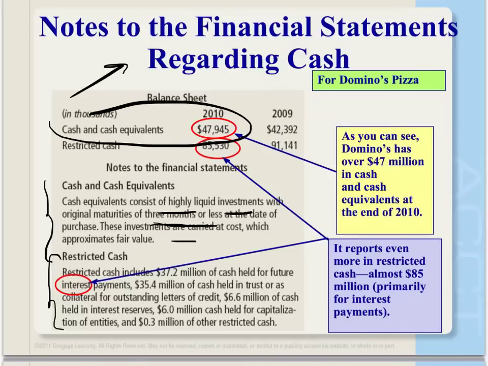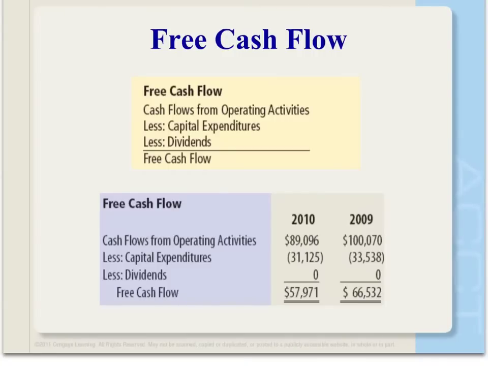Our last item here, Module 3, before you're really free for spring break, is something we call free cash flow. Companies need to generate enough cash to pay their bills. They need enough cash to maintain capital expenditures and also reward shareholders with dividends.